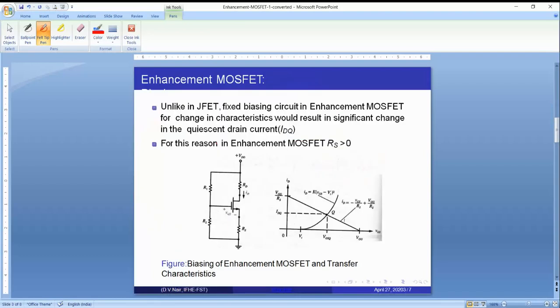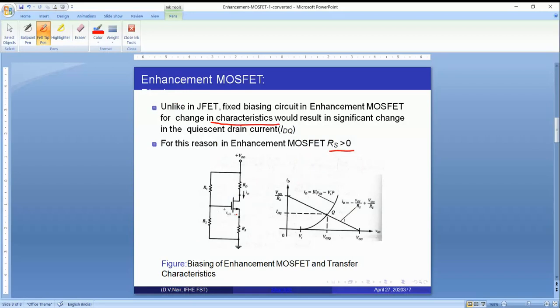Unlike JFET, fixed bias circuit in enhancement MOSFET is not possible because any change in the transfer characteristics would result in a significant change in the Q point. For this reason, we will always make RS greater than 0. If you carefully observe this circuit, it is a combination of fixed bias and self bias circuit.